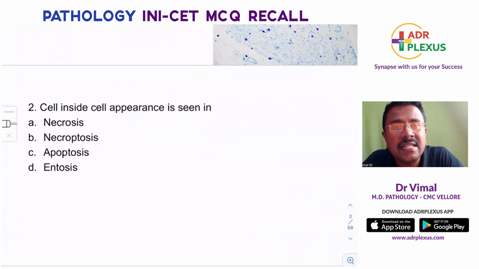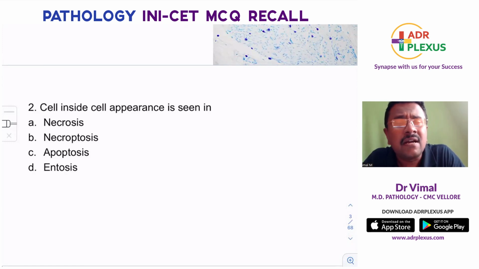Definitely, cell inside cell appearance will not occur in necrosis, because there the cell death will be there. And necroptosis, as you all know, combines the features of necrosis as well as apoptosis, so definitely this also will not have the cell inside cell appearance.